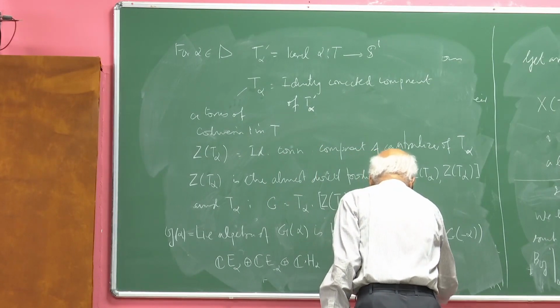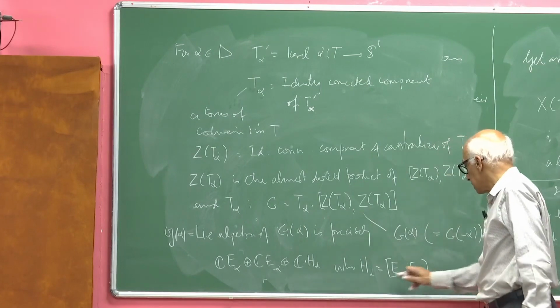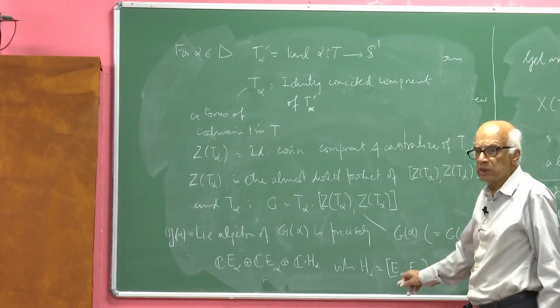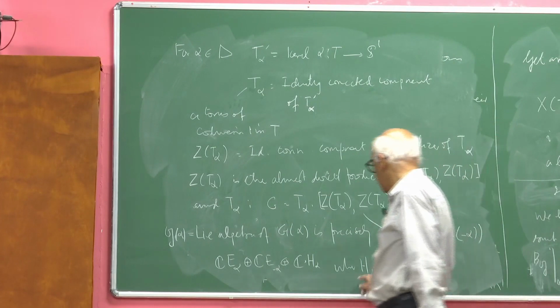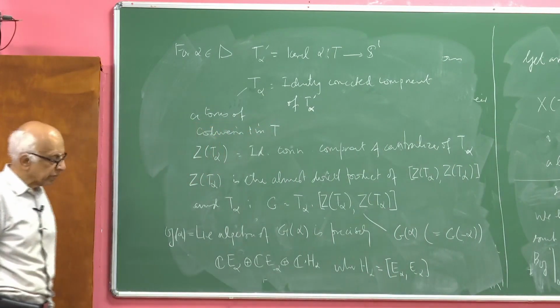Remember that we chose this E alpha such that under the Killing form their product is 1. That is how E alpha and E minus alpha are chosen, and with that choice of H alpha you see that the bracket of E alpha and E minus alpha is in C H alpha.